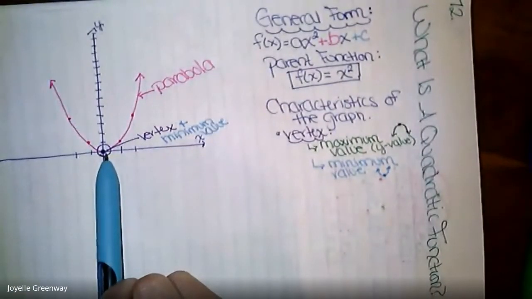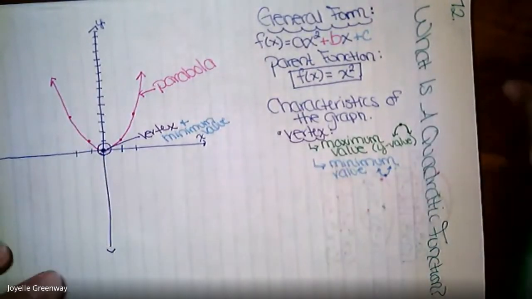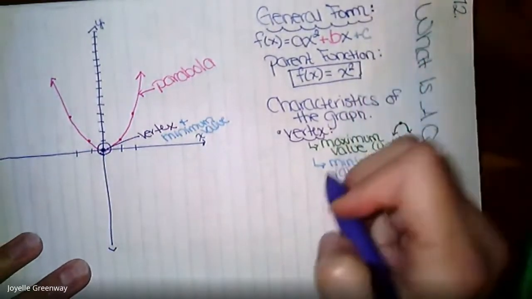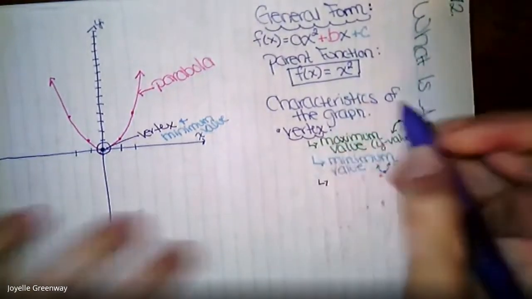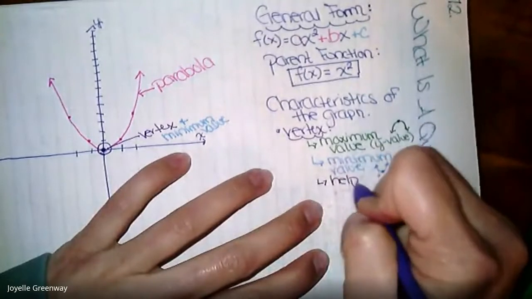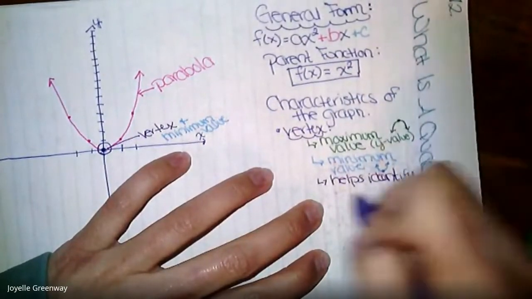So that y value there is the graph's minimum value. Your vertex is also going to help you identify the range.